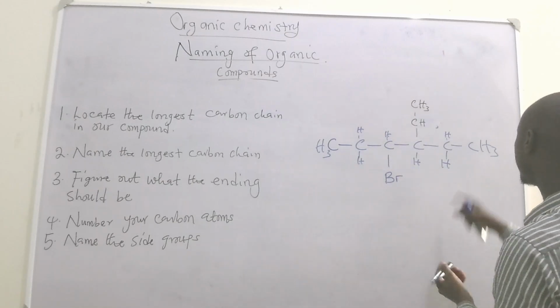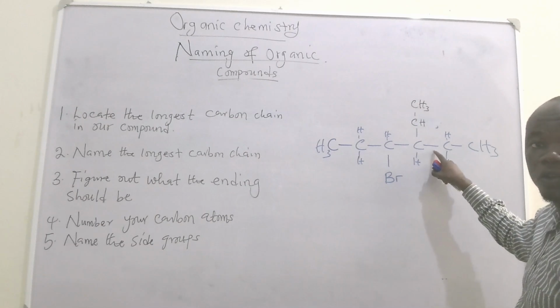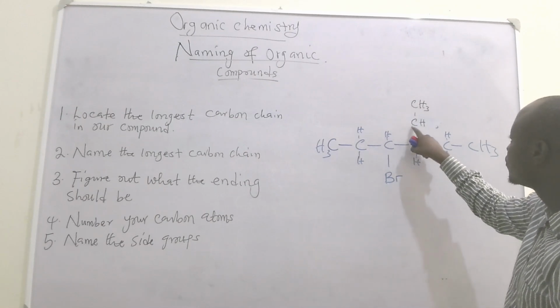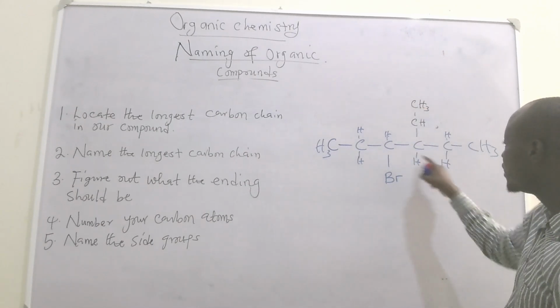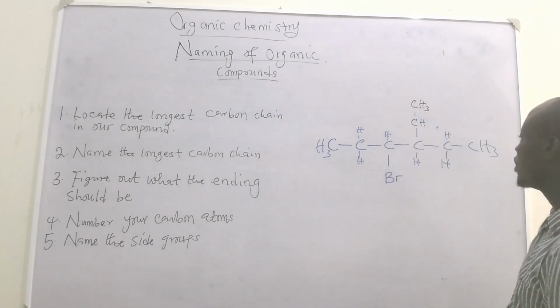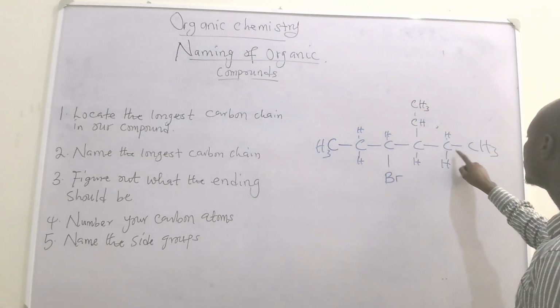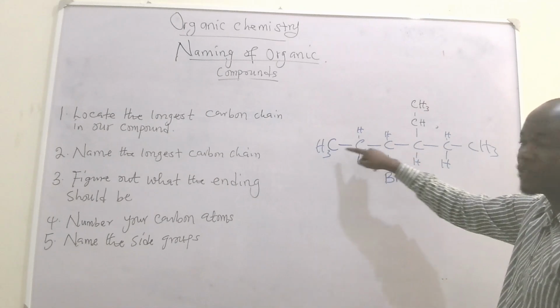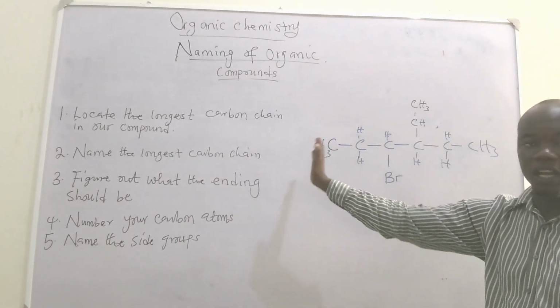So if you follow this direction, we have 1, 2, 3, 4, 5. So in this direction, we have 5. Now let's follow here: 1, 2, 3, 4, 5, 6. So in this direction, we have 6.